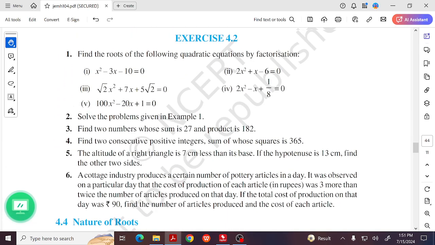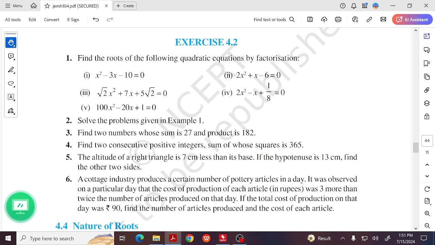Shall we go now? Exercise 4.2. From 4.2 you should take homework. What are the questions? The first Roman contains 5. What questions are you going to take as homework? First two. No, the fifth one I will do, it's a little bigger one. Small questions you take, man. Easy ones you take. Or else first one alone you take, the remaining 4 also I will do.